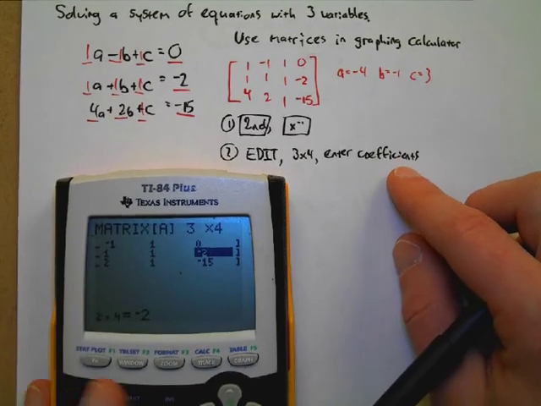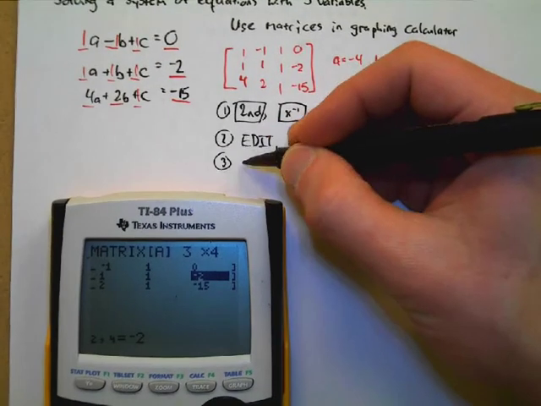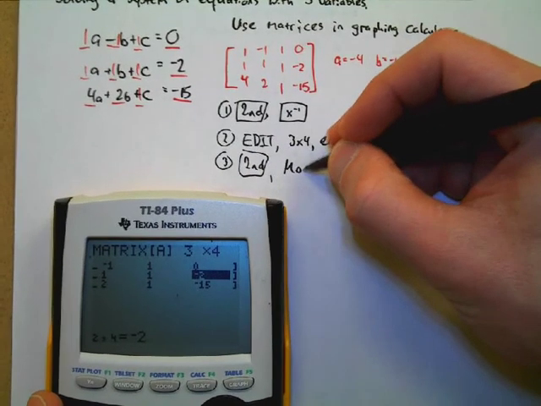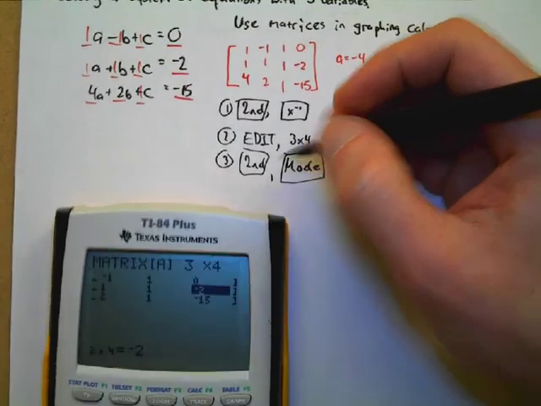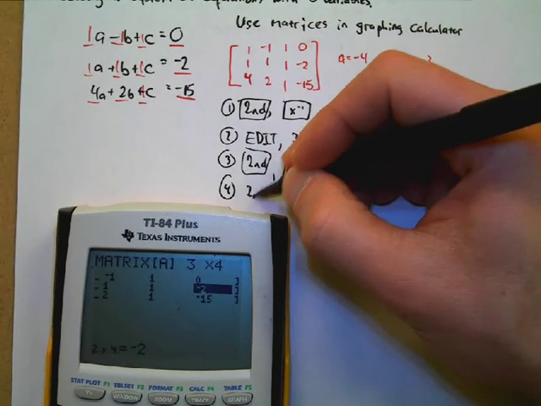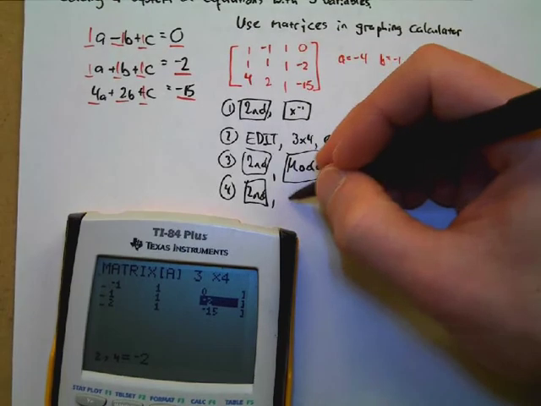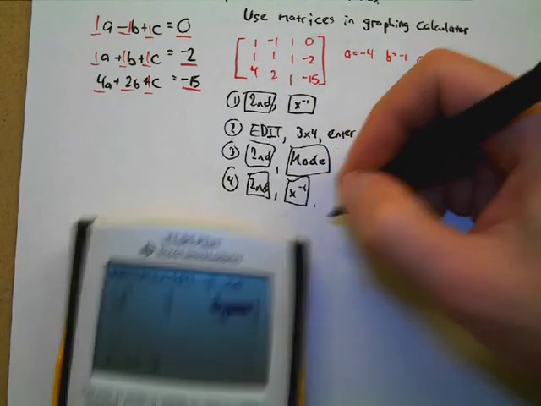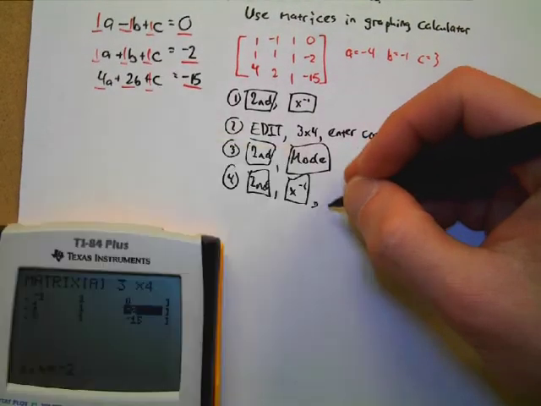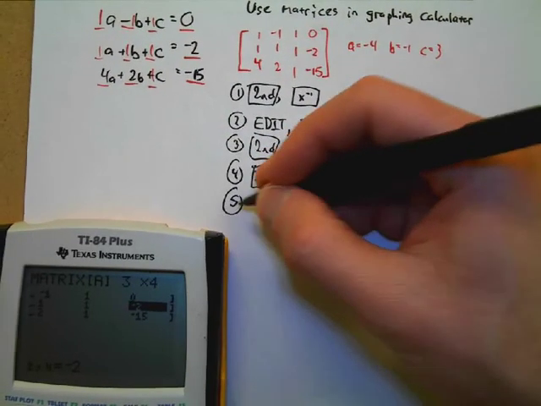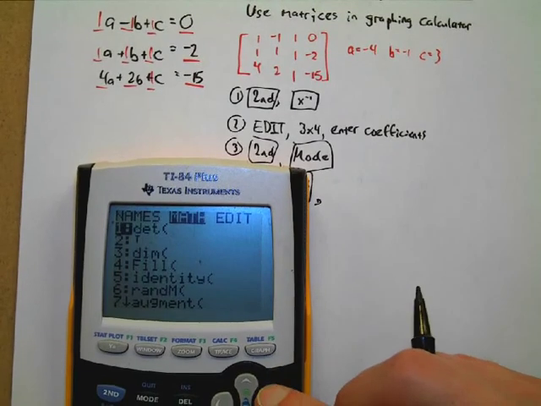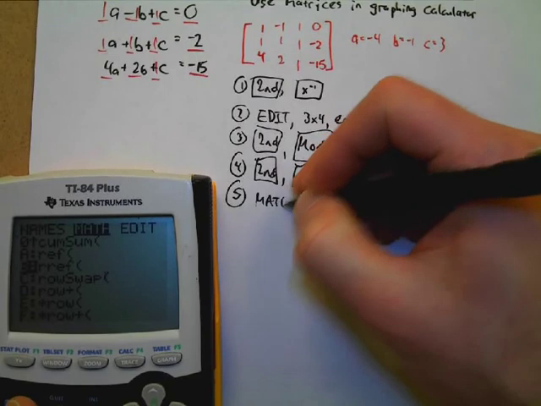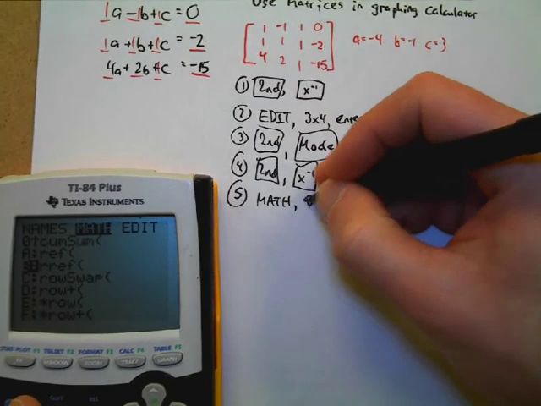Okay. Then second, and when I box something in, that means it's a button. Okay. Mode. And the second matrix again, or second X -1 again. And then math, and it's just RREF.